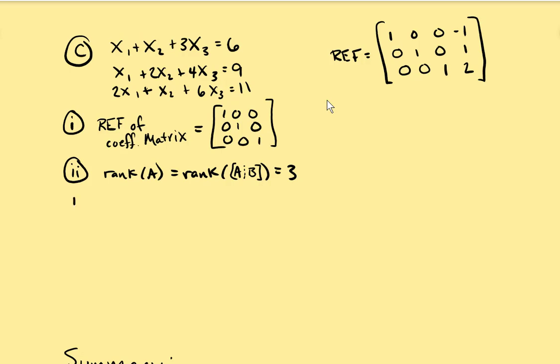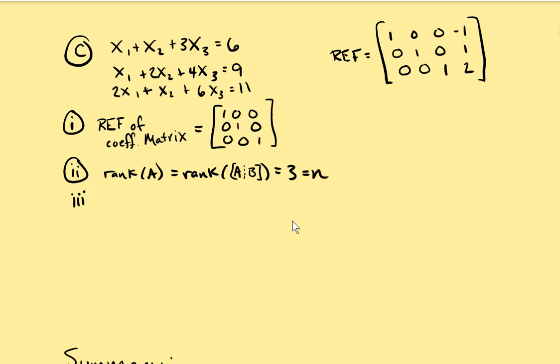Then what does our theorem say? Take a beat there and take a look back if you like. But our theorem then says that since the augmented and coefficient matrix have the same rank, and that rank is 3, in that case this actually equals n, the number of equations.